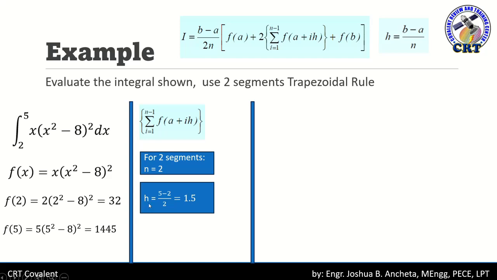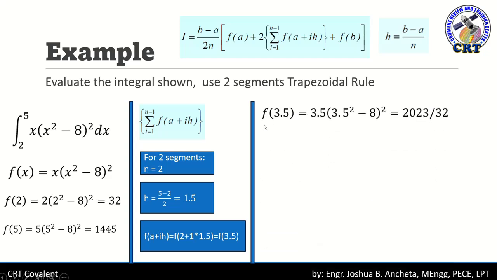And solving for h, this is (5 minus 2) over 2 using the formula given above. So our h here is 1.5. And evaluating this summation, we only have f(3.5) for this summation since this is for only two segments.